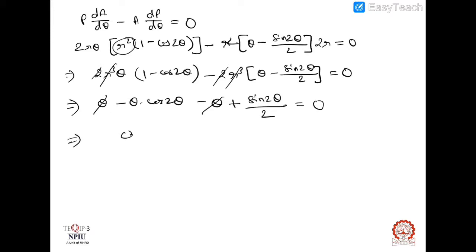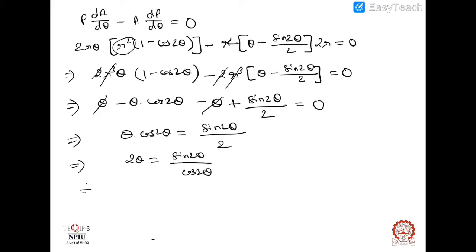or theta into cos 2 theta is equal to sin 2 theta divided by 2, or 2 theta is equal to sin 2 theta divided by cos 2 theta, or tan 2 theta is equal to 2 theta. Now to find the value of theta from this expression, we have to apply a trial and error approach.